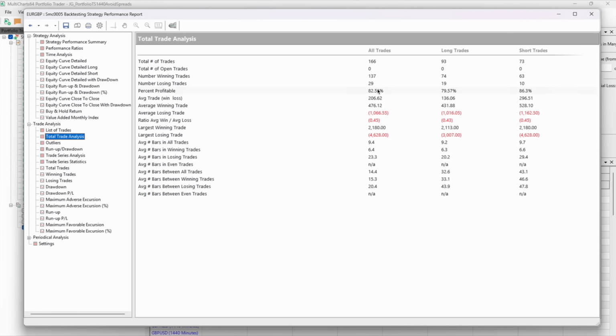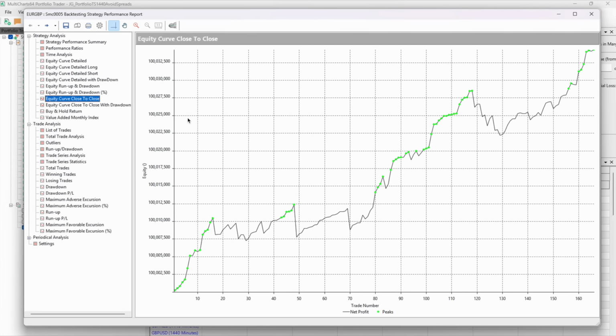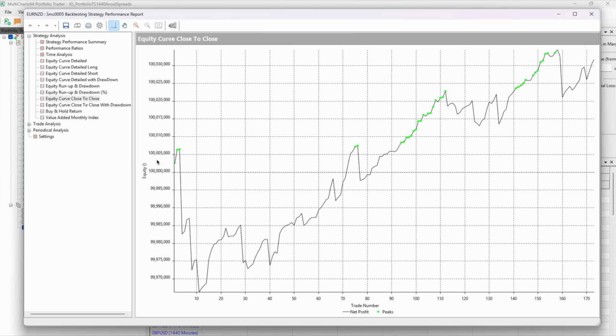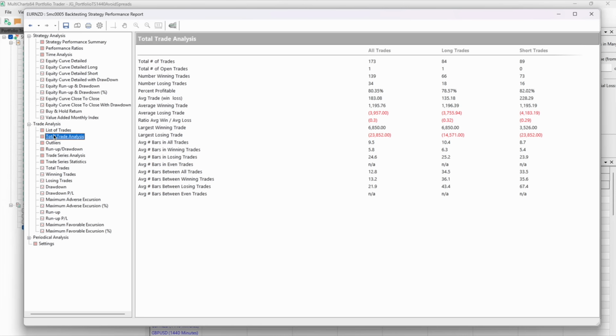And again, we've got an 82% win rate. Okay, so that's another candidate. Euro yen, bad equity curve. Euro New Zealand, wasn't very good at the start of the test, but then yeah, pretty good. What's the win rate? 80%. So that's pretty good. That could be a candidate as well.